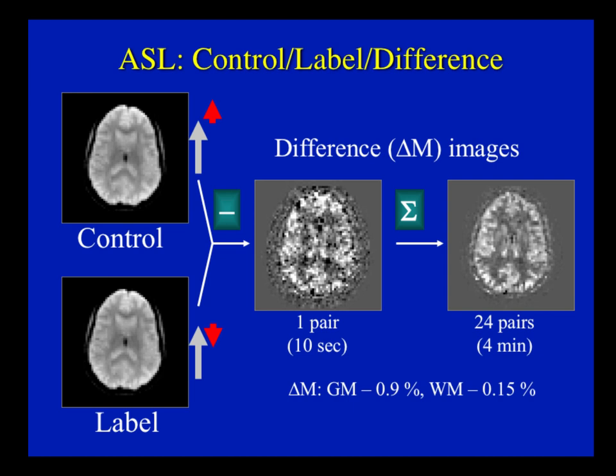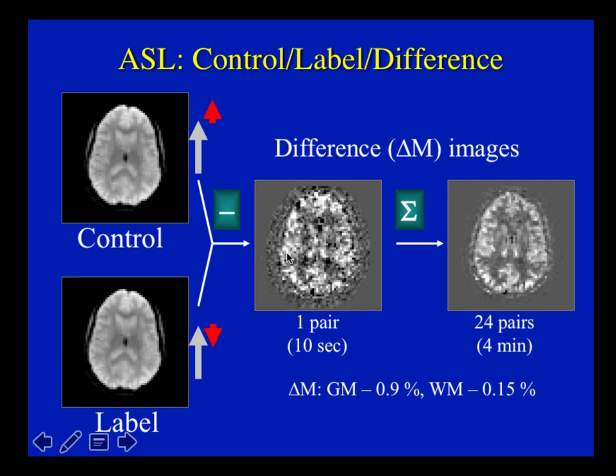So when we subtract these two images, we can isolate the signal from the tagged blood that actually flowed into this slice. Subtracting one pair of these images, we get this noisy image.